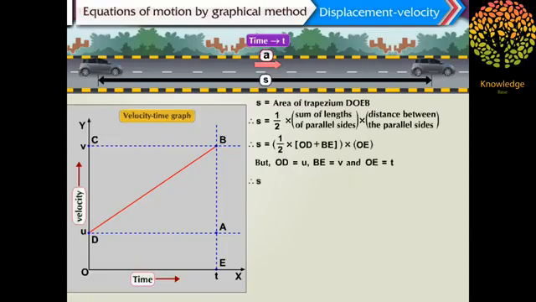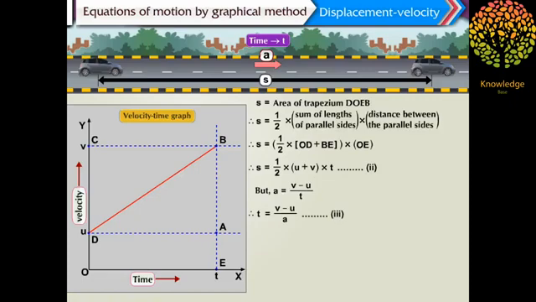Therefore, s is equal to 1 upon 2 into u plus v into t, equation 2. But a equals v minus u upon t. Therefore, t equals v minus u upon a, equation 3.